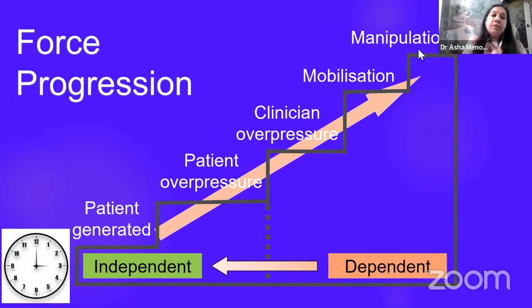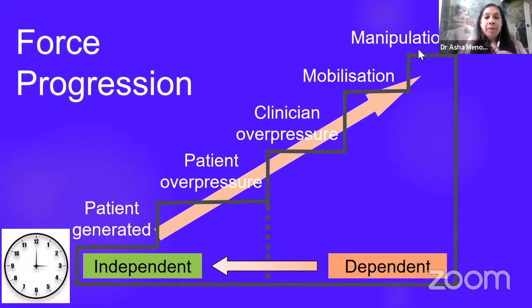We might use static forces, which could be done by the patient, and it's an independent role that the patient has to further decrease their symptoms. Occasionally, we might need to help them problem solve or come to a position where they can use patient-generated forces and dynamic movements.